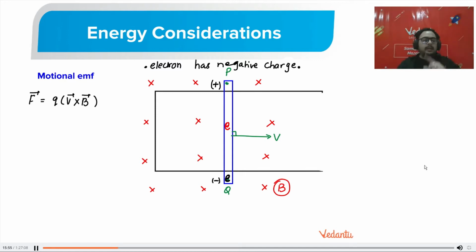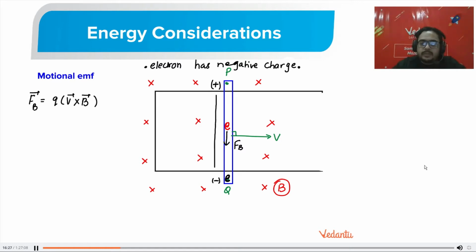Okay. Now, can you tell me, if there is potential difference between any 2 points, what happens? Electric field is generated between them. Am I correct or not? I'll draw the direction also. Magnetic force is acting down. Electric field is always from positive to negative.